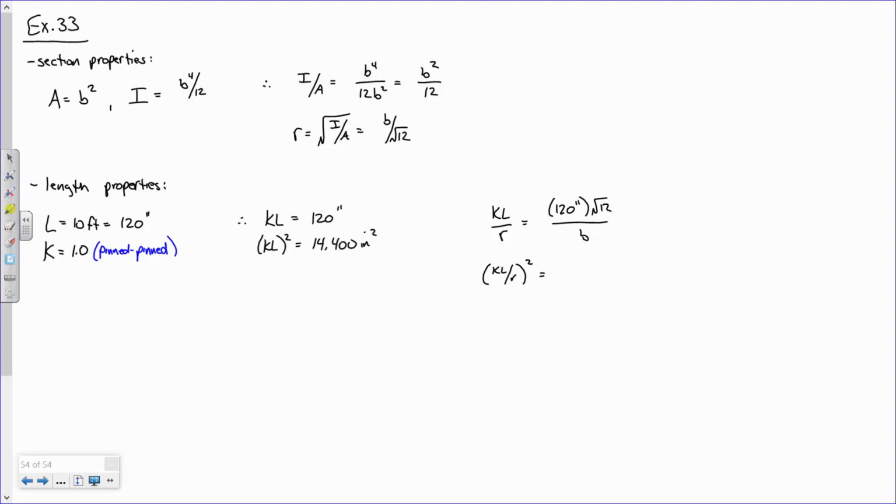This is where I'm going to need your help with the calculator. What is 120 times the square root of 12, and then square that? 172,800.